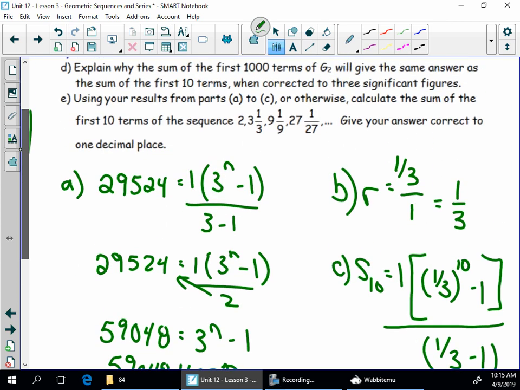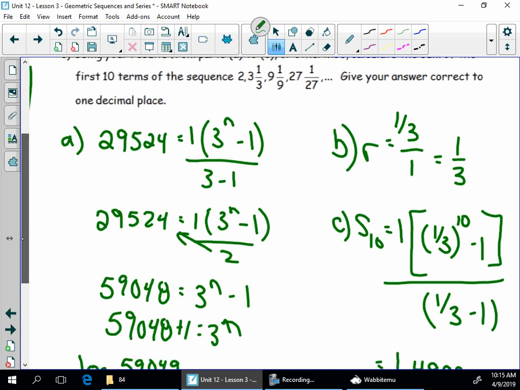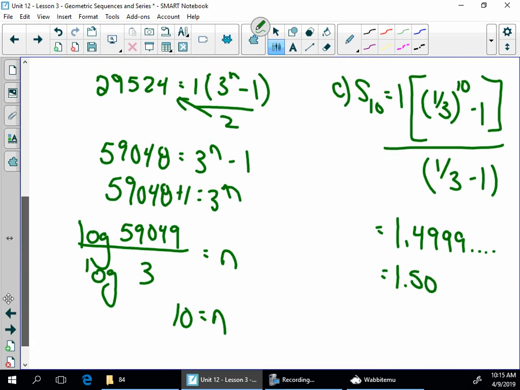Okay, D. Explain why the sum of the first 100 terms of G2 will give you the same answer as the sum of the first 10 terms when corrected to 3 sig figs. Well, what's happening at this point? We've actually rounded our last answer off to 1.50 because, at 3 sig figs, the parts and pieces that are being added are so small.